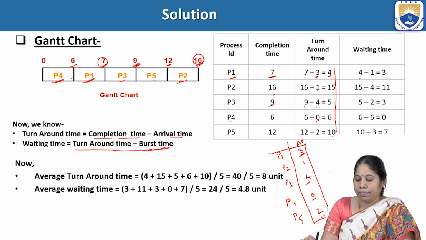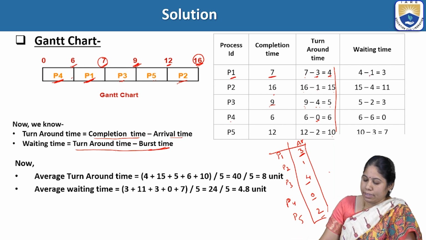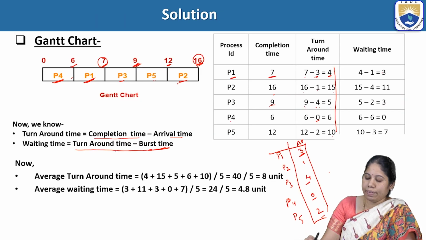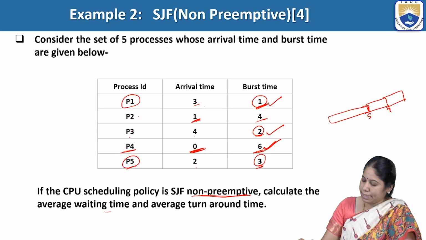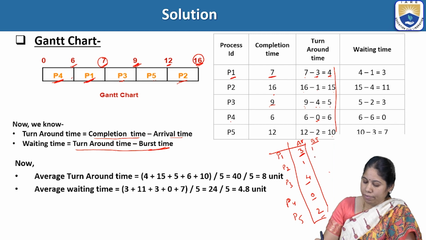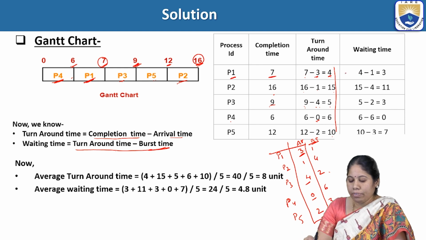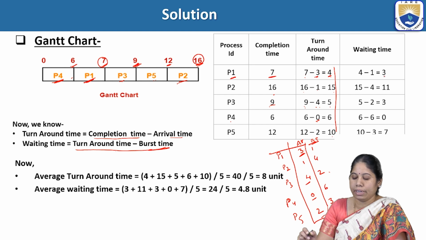Right? 4 minus burst time 1, that is 3. Let me keep the burst times also, so it will be easy: 1, 4, 2, 6, 3. So turnaround time minus burst time, 4 minus 1 equals 3.